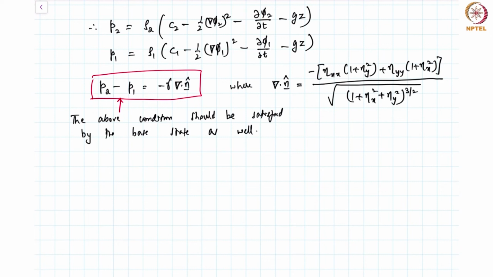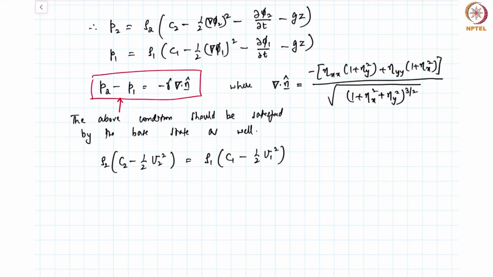There is no time dependent term and it's a flat interface, so curvature is also 0. So essentially P2 minus P1 becomes rho 2 times C2 minus half U2 square, and I do not have the other two terms, will simply become rho 1 C1 minus half U1 square. Right? This is what the base state has to satisfy.